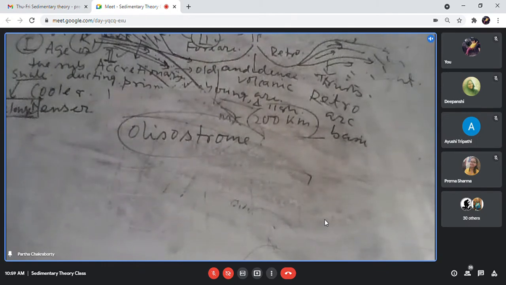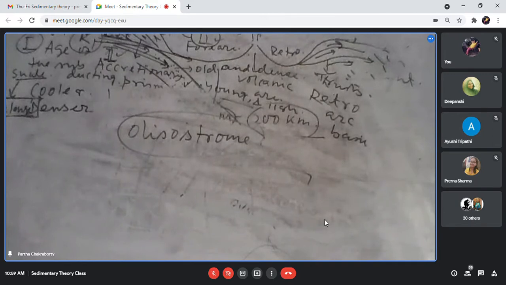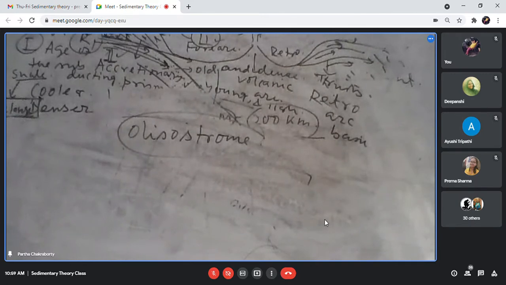You can write rootless boulders of ultramafic, carbonate, chert, basalt, set in a homogeneous or deformed shaly matrix. That is the definition of melange. These rootless boulders are called olistostome.